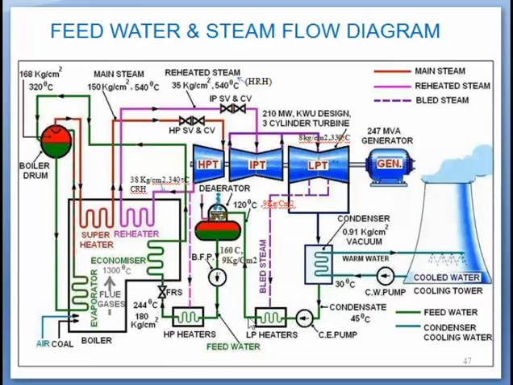From here it goes to the LP heater, and for heating, the steam which is bleed from LP turbine is used for heating purpose. This heated feed water around 110-120 degrees centigrade goes to deaerator. In deaerator, for heating extraction comes from IP turbine.